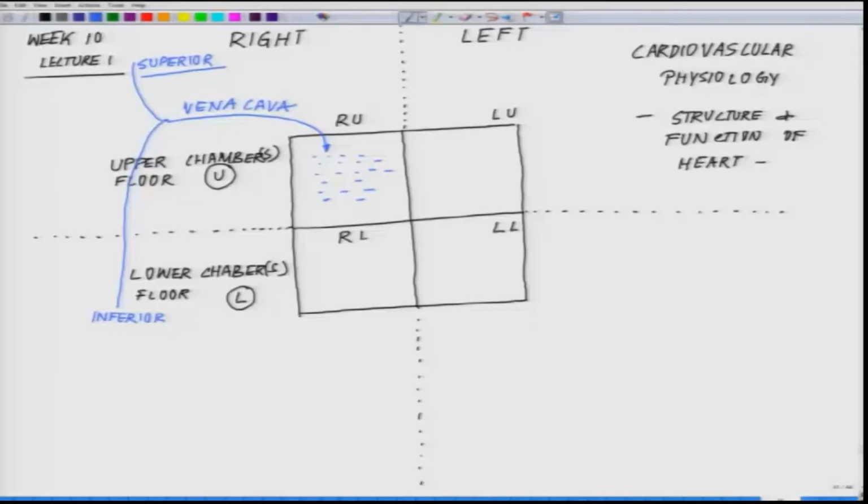From here, out here, there is a small valve. First the blood gets accumulated here, and as sufficient pressure develops, the blood moves to the right lower chamber.